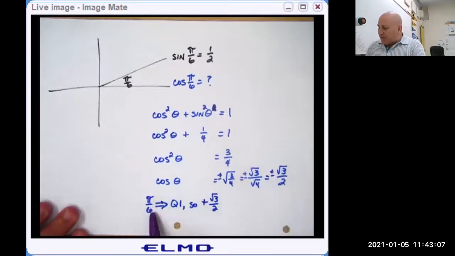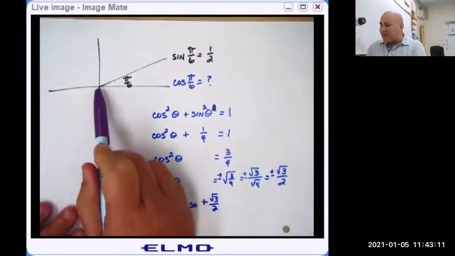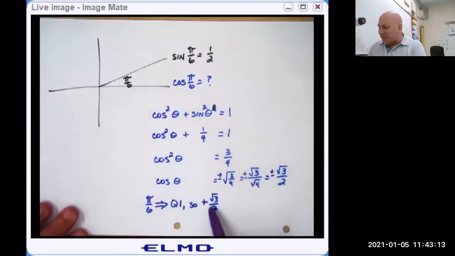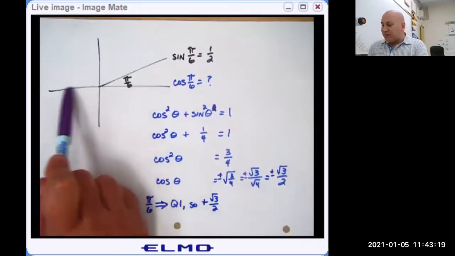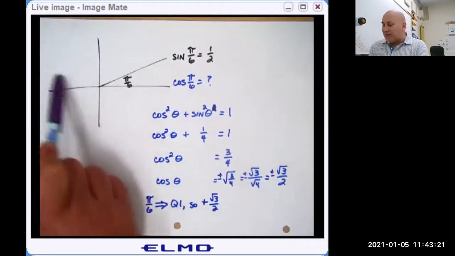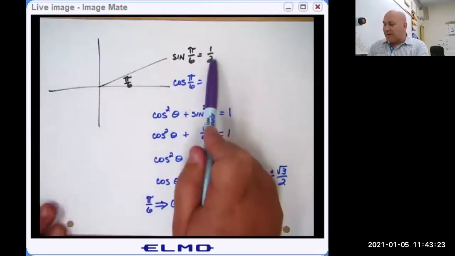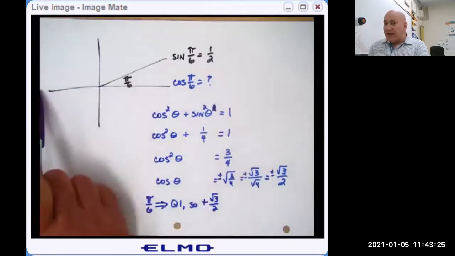Now, we know that pi over 6 is in the first quadrant, so cosine has to be positive because that x value will be positive. So it is root 3 over 2. But similarly, if I had given you sine of 5 pi over 6 is 1/2, that cosine would be negative.